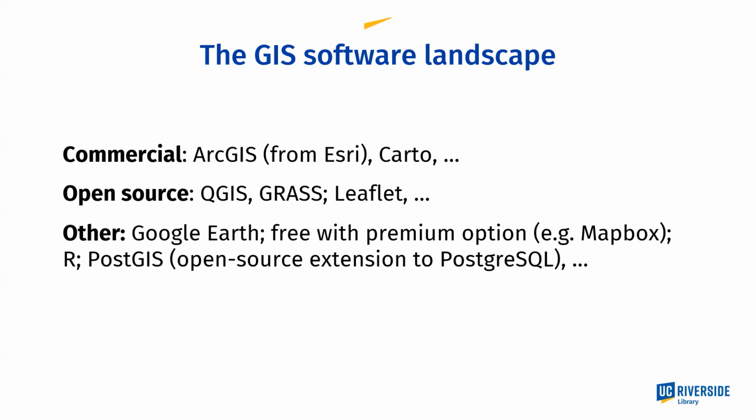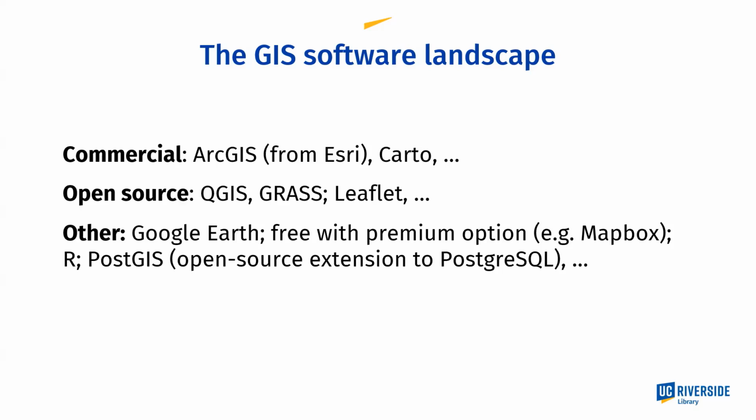There are other entities that have GIS software that is free with some basic functionality, but if you want to get fancier with it and use the premium option, then you'd have to pay, and Mapbox is an example of that. I've got R down here, the programming language, because it turns out that you can do things with R that mimic and sometimes even do better than what you can do with a prepackaged GIS software.